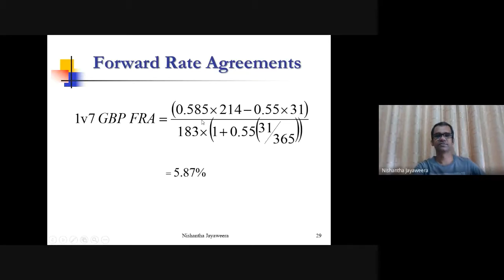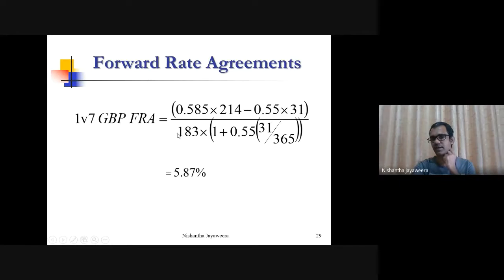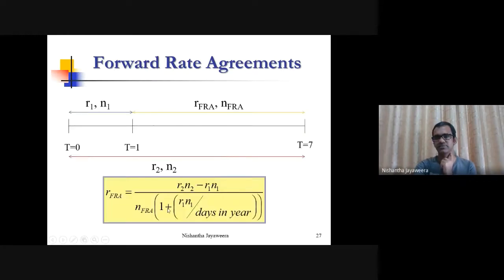So N2 into R2 into N2 minus R1 into N1 divided by N1 into 1 plus R1 N1 divided by 365. So you get 5.87.